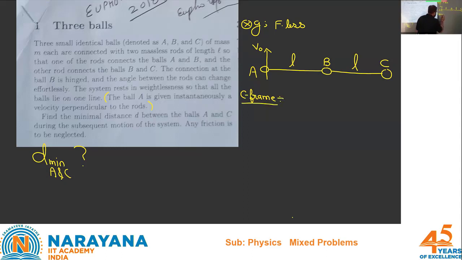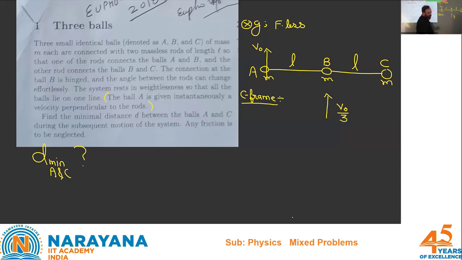So we need to analyze this problem from the C frame. If these three masses are m each, then the center of mass, which is initially on B, has some velocity which is V0 upon 3.